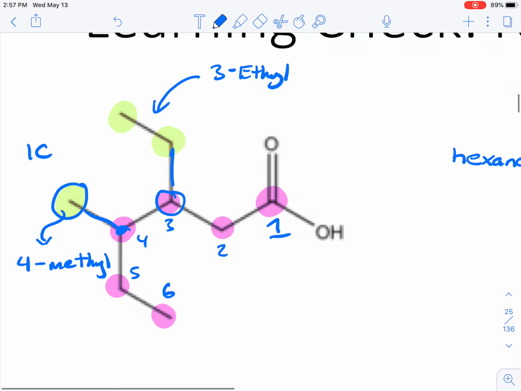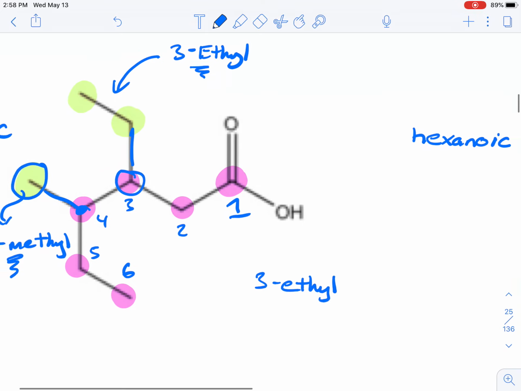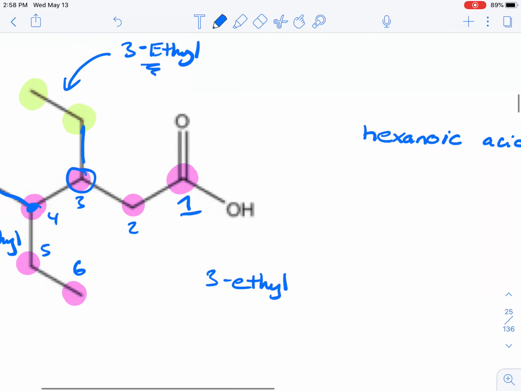So putting both of these pieces together, the one thing that we would have to do is organize in alphabetical order. So E comes before M, and so therefore you would say 3-ethyl, and then 4-methyl.